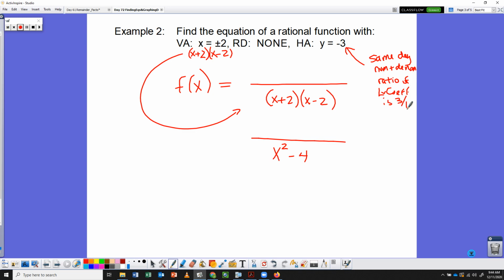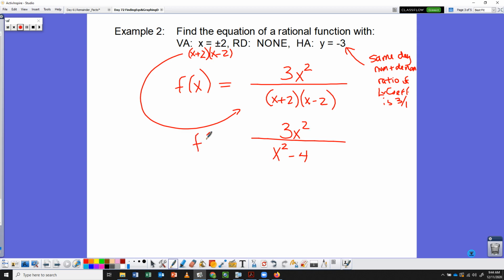So as you can already see, I'm getting a quadratic in my denominator because of the two factors that make my vertical asymptotes. So that means I'm going to have a quadratic in the numerator as well. And in order for the ratio of the leading coefficients to turn out to be 3:1, my numerator is going to have a 3 in front of that x squared.